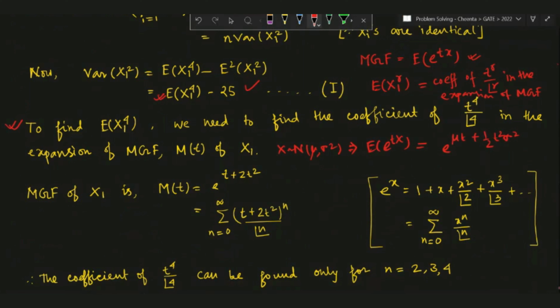Putting the values of mu and sigma square, we get e to the power t plus 2t square. By expanding this in the form of the exponential function, we get the sum over n equal to 0 to infinity of (t plus 2t square) whole to the power n by n factorial, because e to the x has the expansion sum over n equal to 0 to infinity of x to the power n by n factorial. We simply use this expansion here.